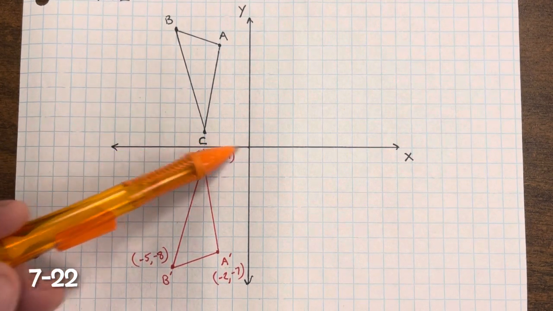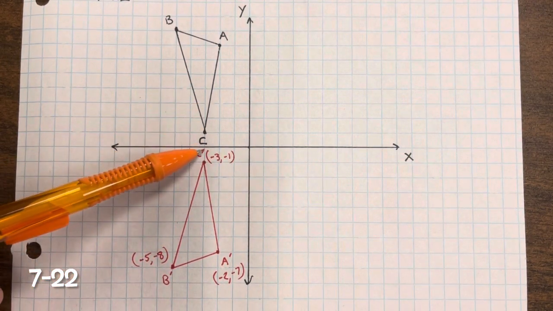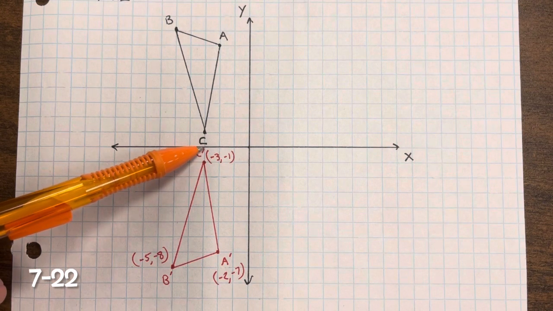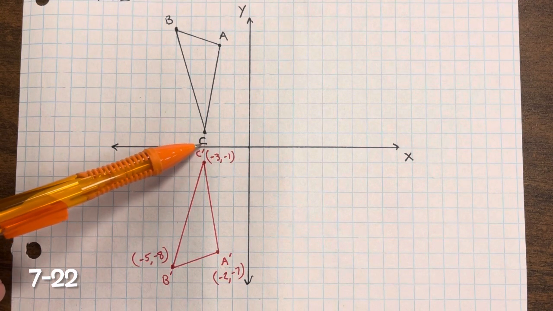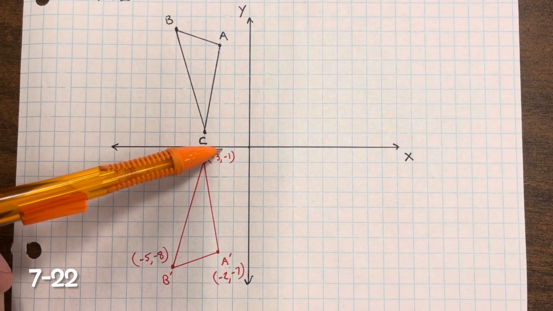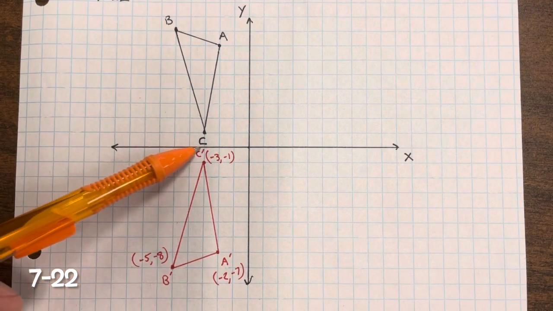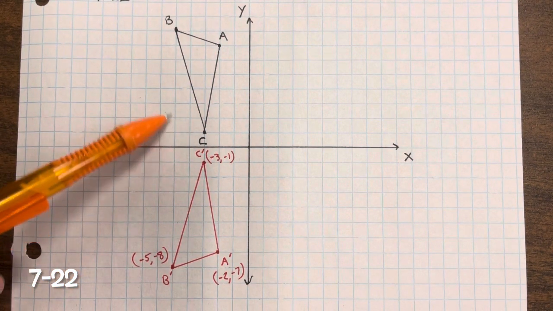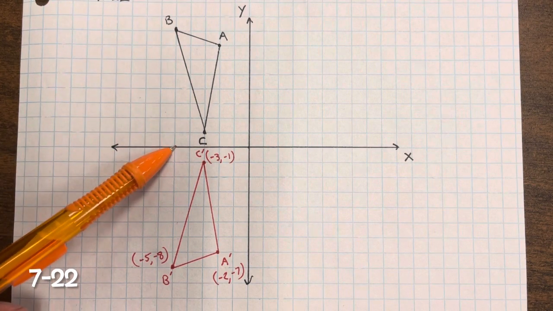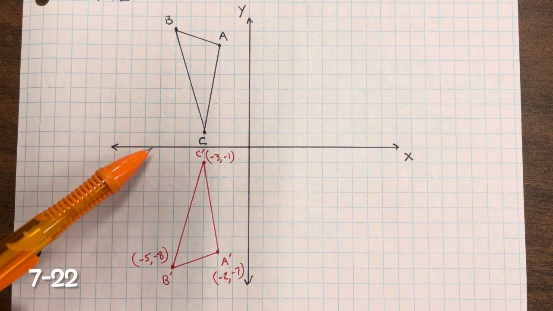When you're reflecting across the x-axis, here's the x-axis, they're going to be equidistant from the axis. So C is positive 1, C prime is going to be negative 1. A is positive 7, A prime negative 7. B is positive 8, B prime is going to be negative 8 units from the x-axis.